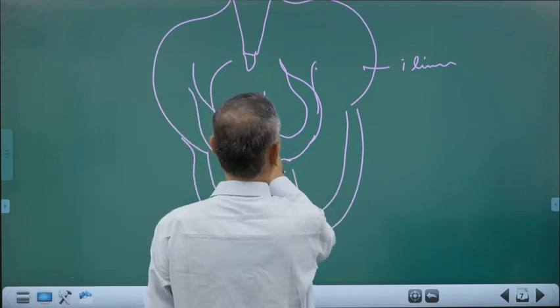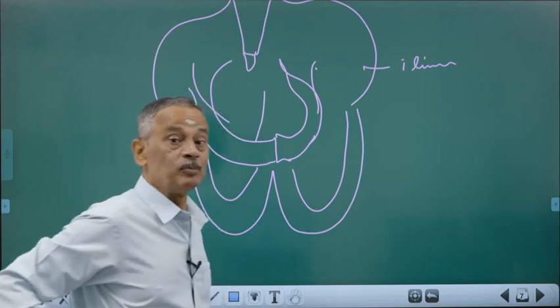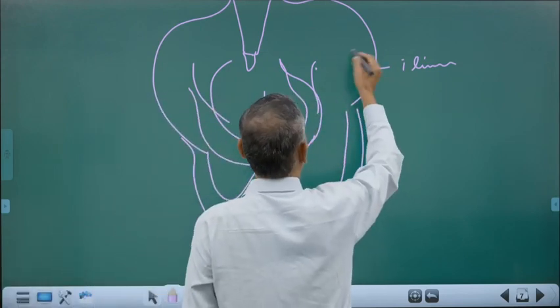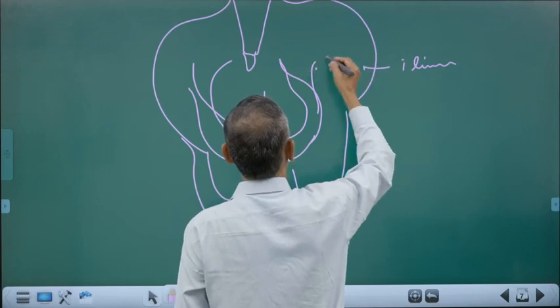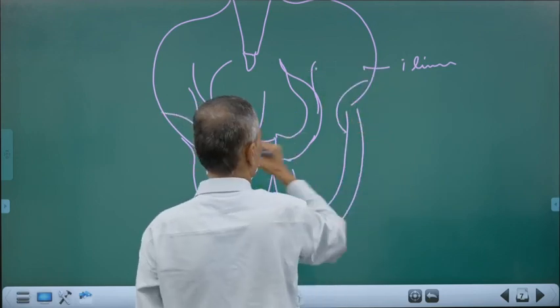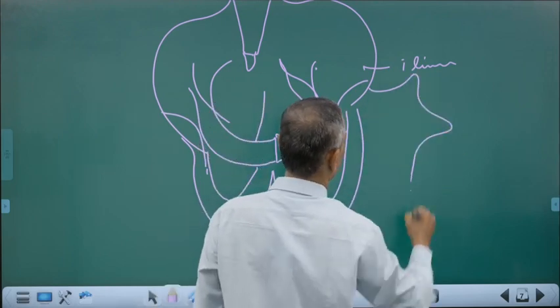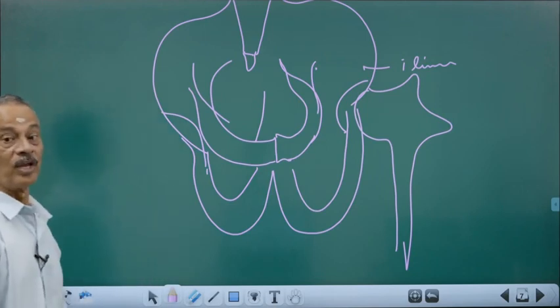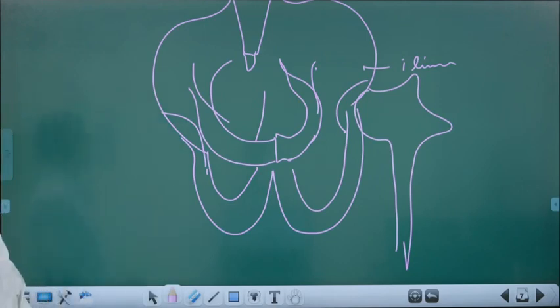That's how the hip joint is formed. And at the junction where these 3 bones are connected together, there's a depression. It is to that depression that the head of the femur bone is attached.